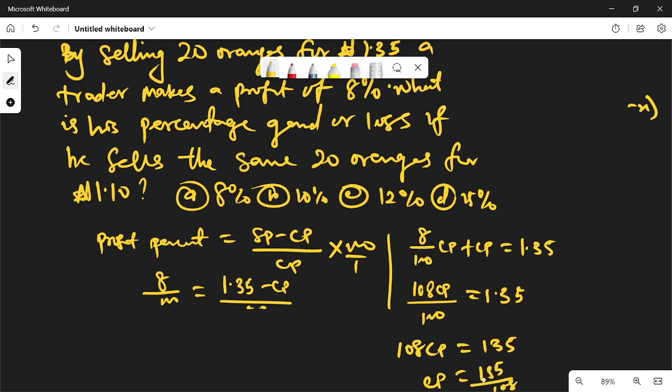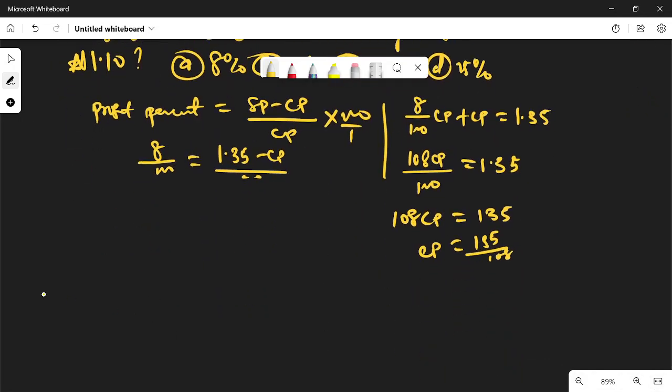So what's the answer there, please? So the cost price is how much now? 1.25. So that means the cost price is 1.25.